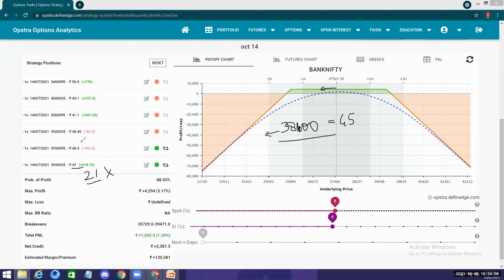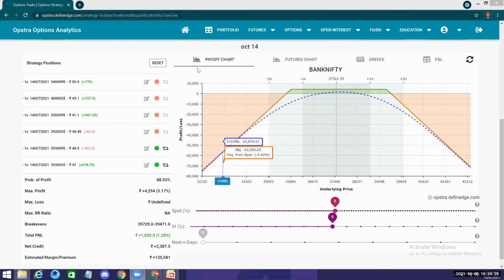Since the delta of this position is going to be very low, the chance of it going to 100 rupees is very less. So my stop loss in this case is at 100 rupees. Even if it hits, by that time I've already made that much from the other position. So this is a very safe kind of strategy which I have been doing.